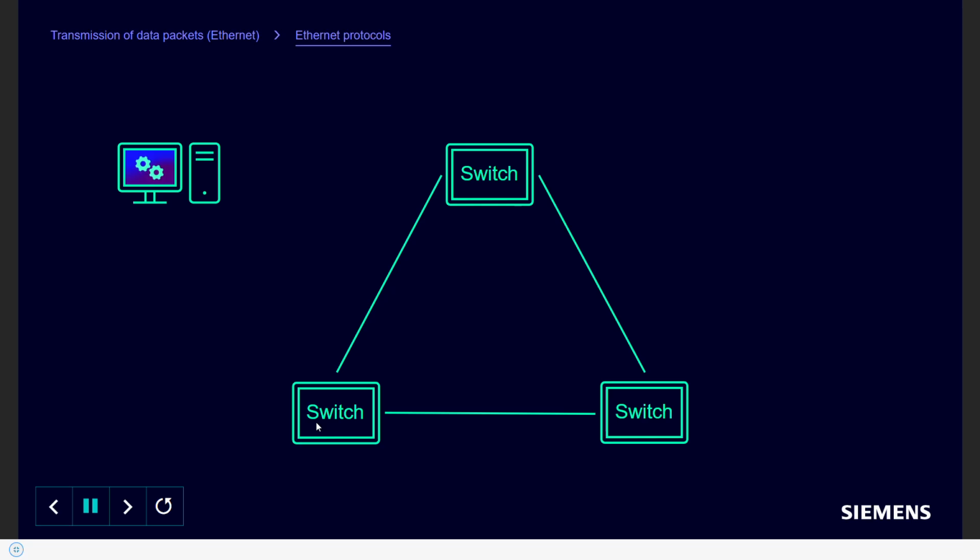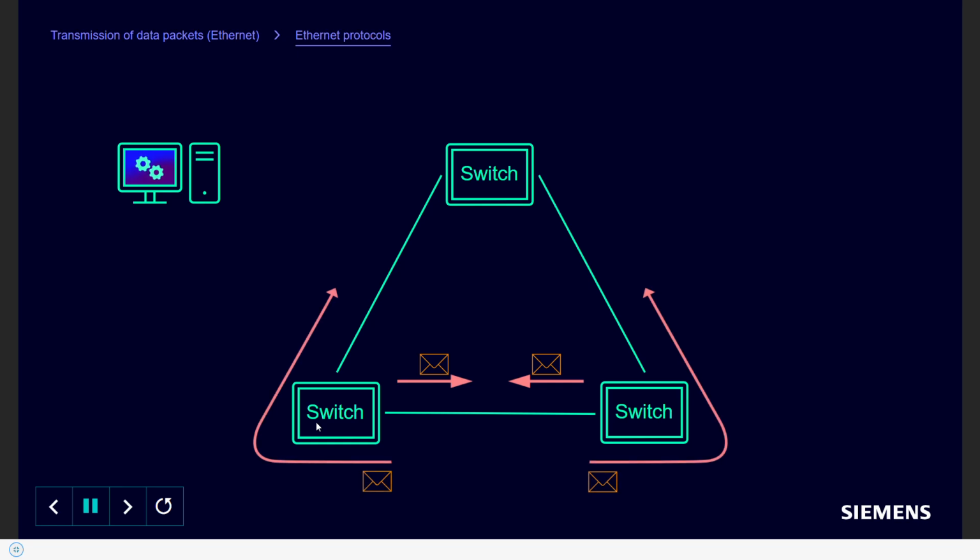In the scenario shown above, this means: Step 1. A broadcast frame sent from switch 1, above, reaches the two switches 2 and 3, below. Step 2. The frames are sent again from there, but are now only exchanged between switches 2 and 3. Step 3. The frames are sent back to switch 1.